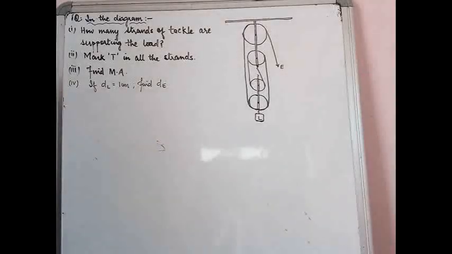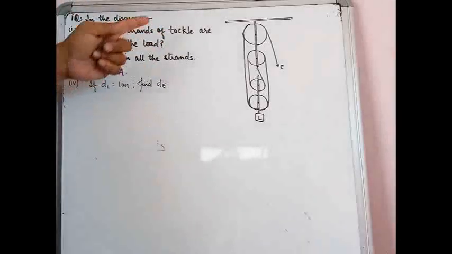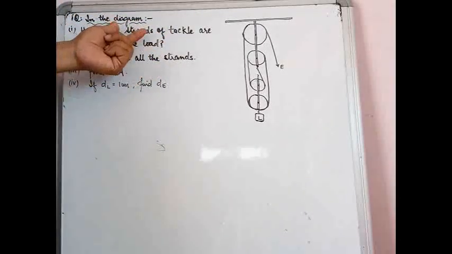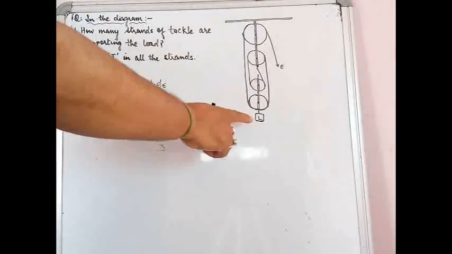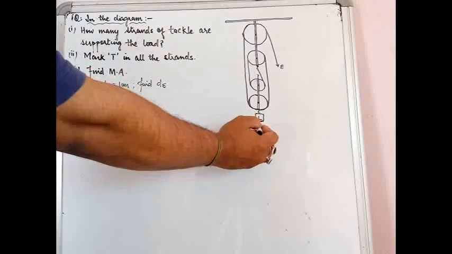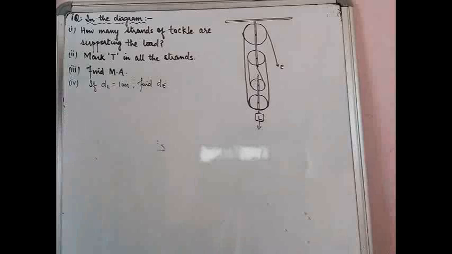Now let us read the first part again. How many strands of tackle? Tackle is the rope, I have already told you, and strands means the parts of the tackle that are supporting the load. Let us look at the diagram. This is the load, and the load is going to try to pull everything down.